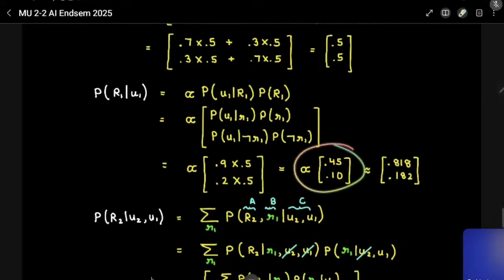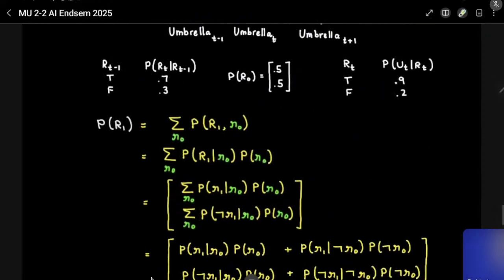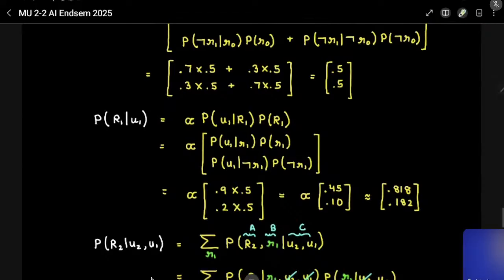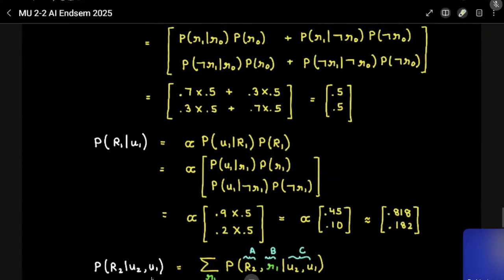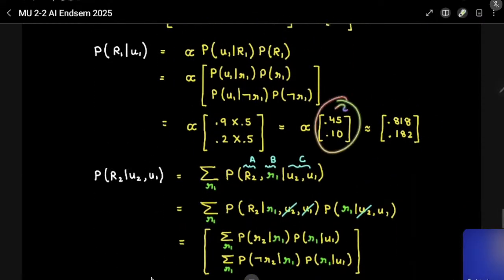So after you solve this, we know that this is a vector of probabilities, no? So by definition this alpha is supposed to be the normalizing constant. If you wish to find this 1 by probability of whatever, you can do that also. But if you know that you have a vector of probabilities, alpha will always normalize this vector. So in this case, how do I find alpha? Alpha is nothing but 1 by 0.45 plus 0.10.